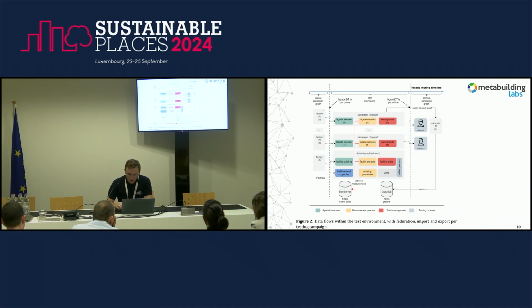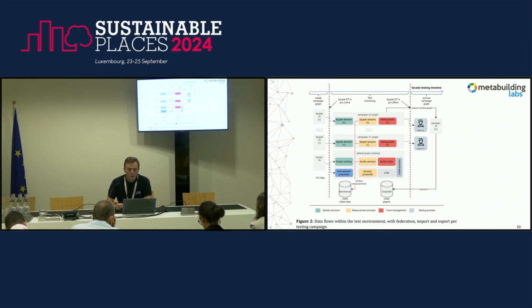And to do so, we artificially have to go against the principles of linked data and ontologies and start each campaign as one separate graph. We're also trying to share resources where possible. At the bottom, you see that there are certain shared resources, such as the sensing properties, so there is no issue sharing across the graphs things like temperature and humidity.